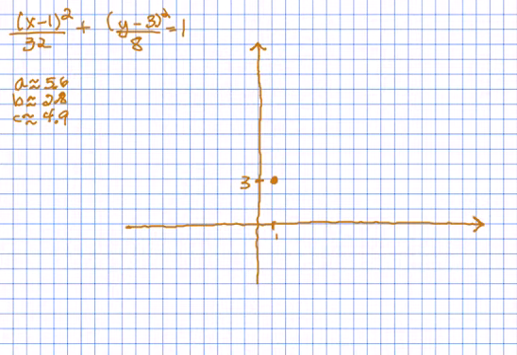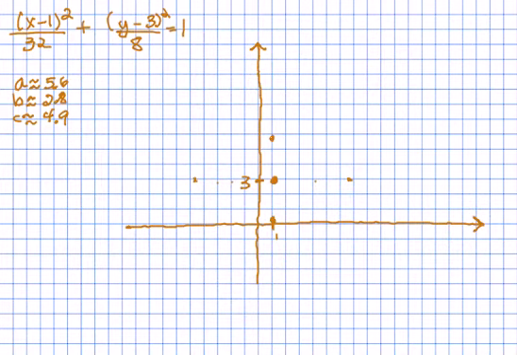So 1, 2, 3, 4, 5, 5.6, maybe about here. And then in the other direction, about 5.6 right here. To get the endpoints of our minor axis, we're going to go up and down the square root of 8, which is approximately 2.8. So I'm going to put a point about here and here.